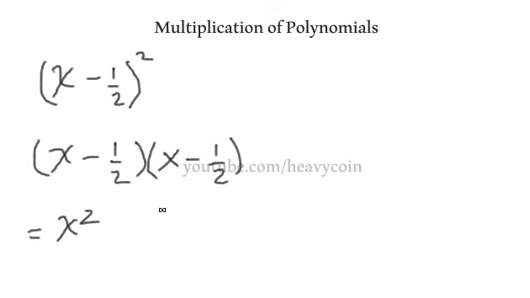X times minus a half would be minus a half x, and then minus a half x times x, and then a minus a half times minus a half is a positive 1/4, and then we can combine these like terms together.